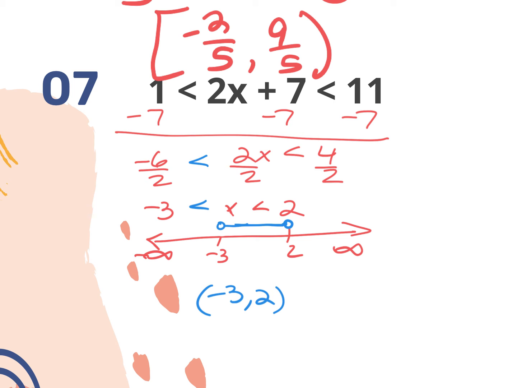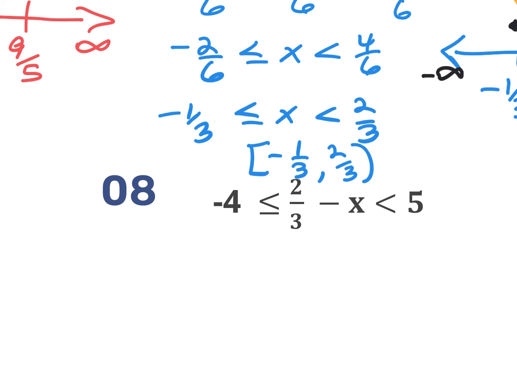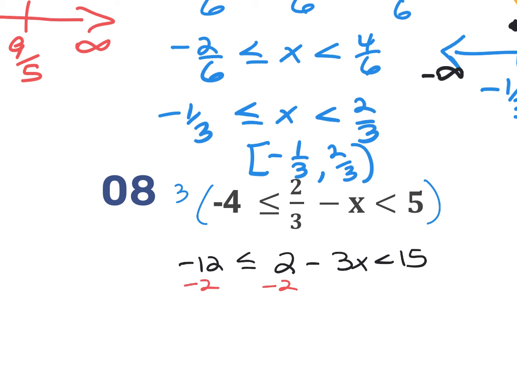And then number 8, again, just like before, I'm going to clear the fraction. So I'm going to multiply everything by a 3. So this becomes negative 12 less than or equal to 2 minus 3x less than 15. So again, do the same thing to all 3 pieces. So I subtract 2.